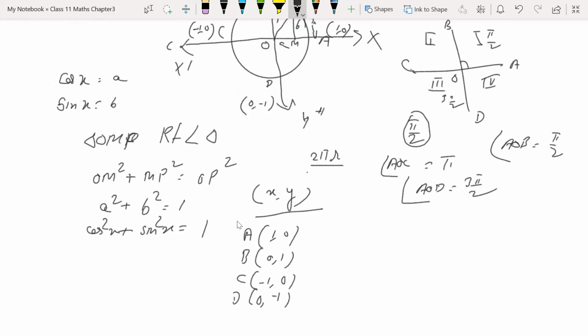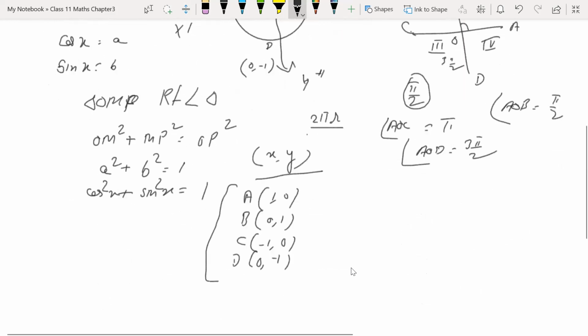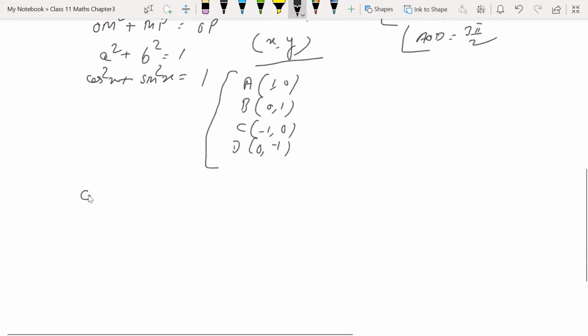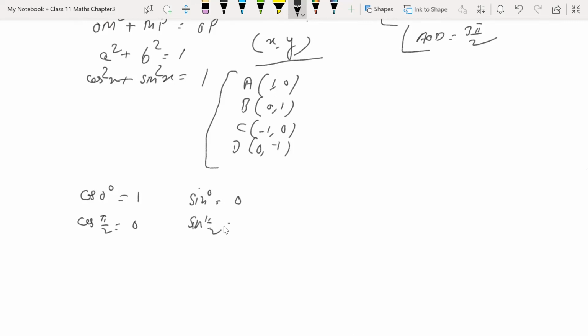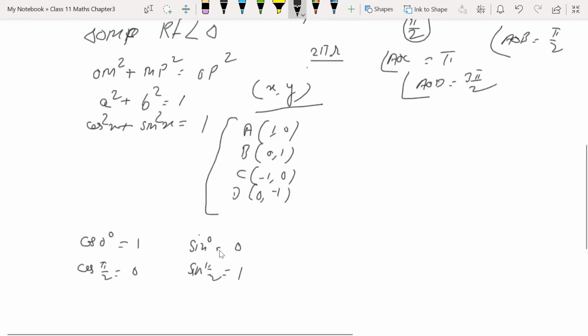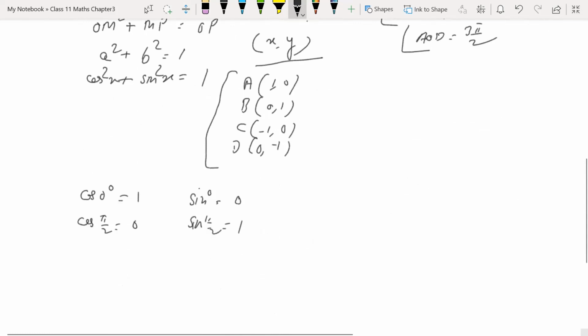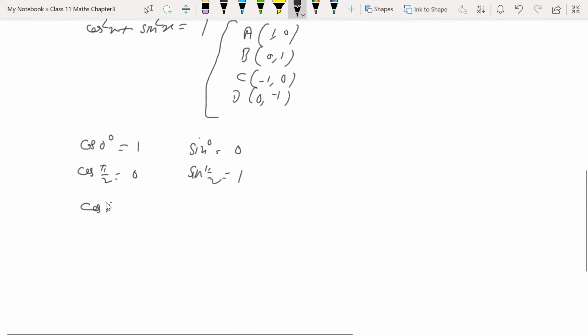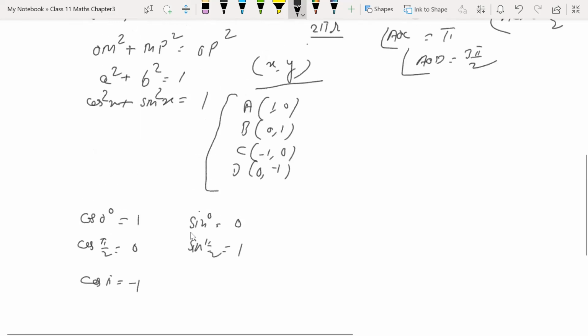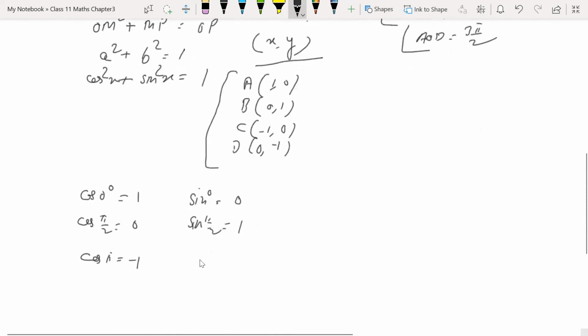So these are the four quadrantal angles, and we have cos 0 degree equal to 1, sin 0 degree equal to 0, cos pi by 2 is 0, sin pi by 2 is 1, cos pi is -1, and sin pi is 0.